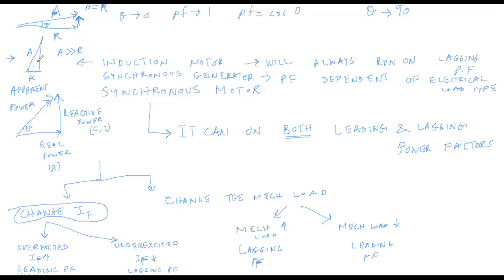And this is very suboptimal, because you are consuming very little real power, but you end up paying much more for the apparent power. So power factor correction means you want to get rid of this reactive power side.